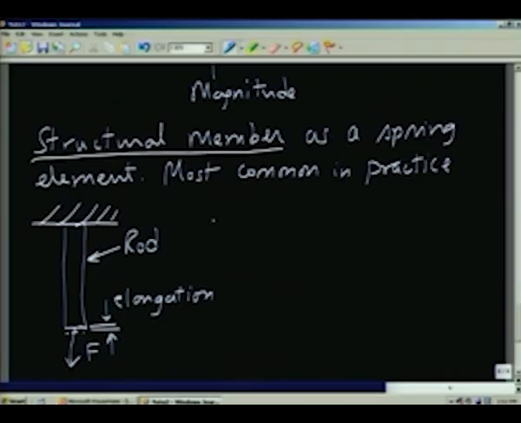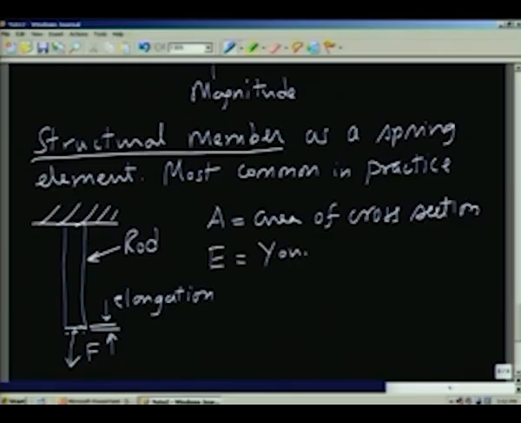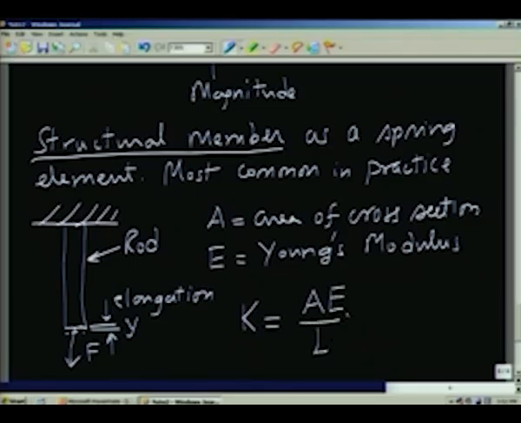So if the area of cross section is A and the Young's modulus is E for the material of the rod, and if the deflection is Y, that is Y is the deflection or elongation, the spring constant is nothing but area of cross section times the Young's modulus divided by the length, AE by L. You can in fact verify this.